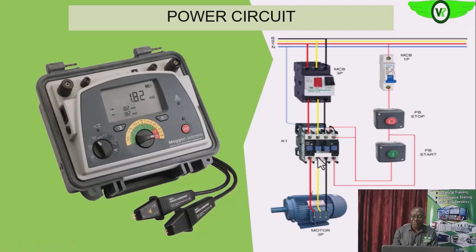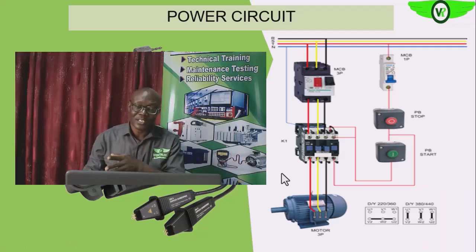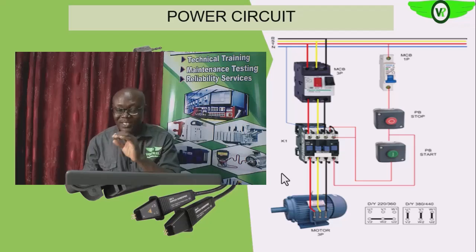Are we getting it? So whichever pair we take, line 1 and line 2, line 2 and line 3, or line 1 and line 3, since we are looking at the same length of cable and the same resistances, that is the same two windings in each reading, we expect that the resistance reading should be the same.